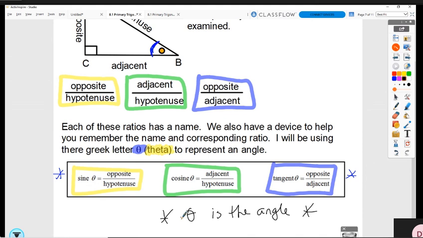So they got everyone together, like, okay, from here on out, we're going to use this theta to represent angles. And from that point on, whenever a mathematician saw theta, they're like, okay, yes, that means we're solving for an angle. It's the new x. Orange is the new black.